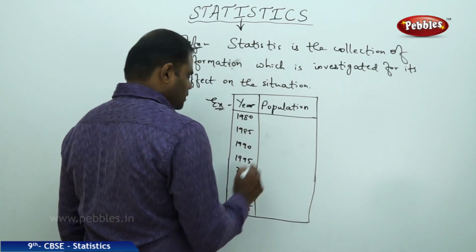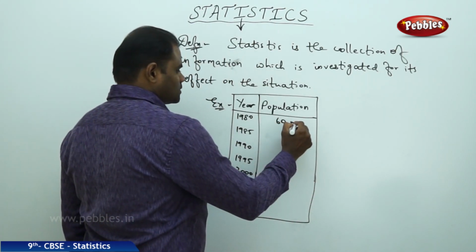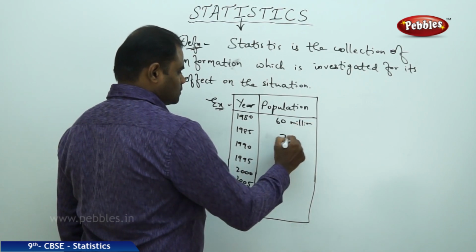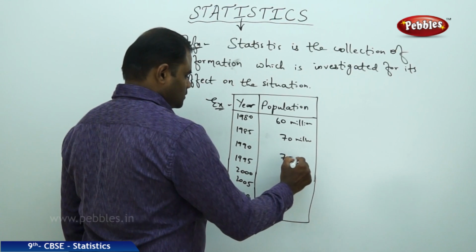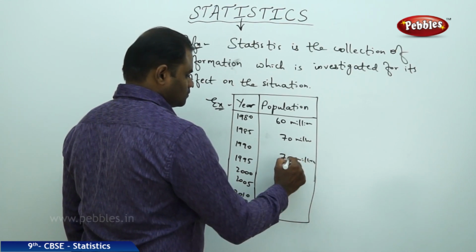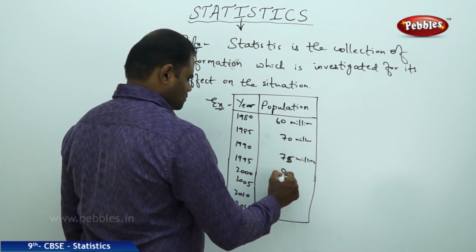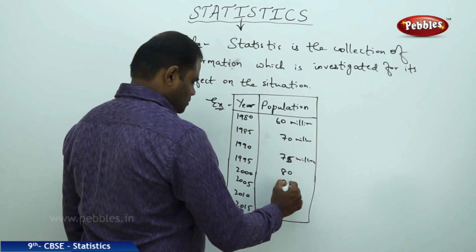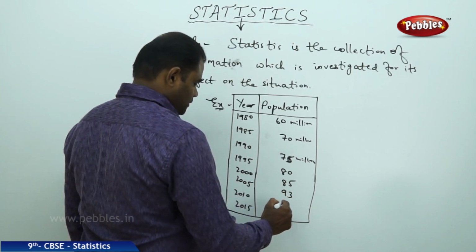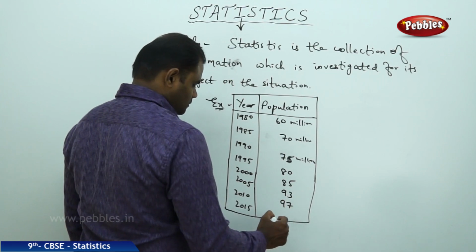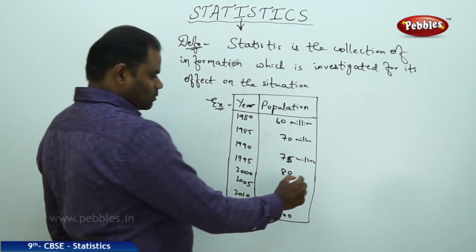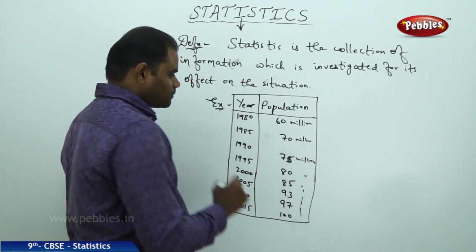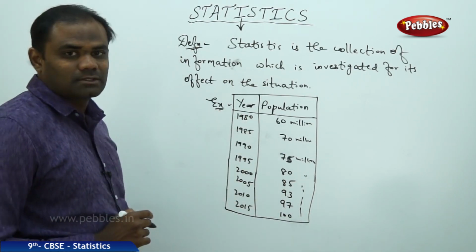And let me say the population here is 60 million, 70 million, 75 million, 80, 85, 93, 97, 100. So this is all about the population of the country every 5 years.